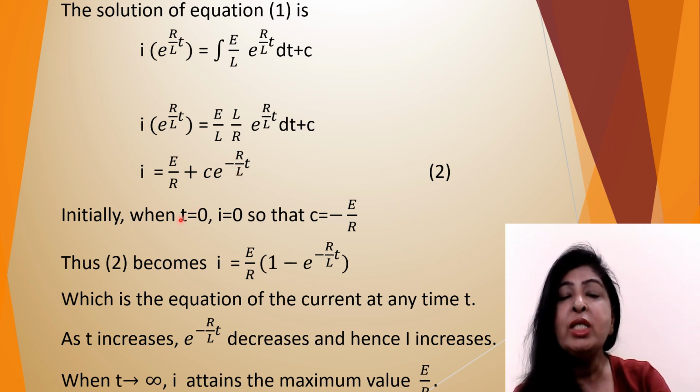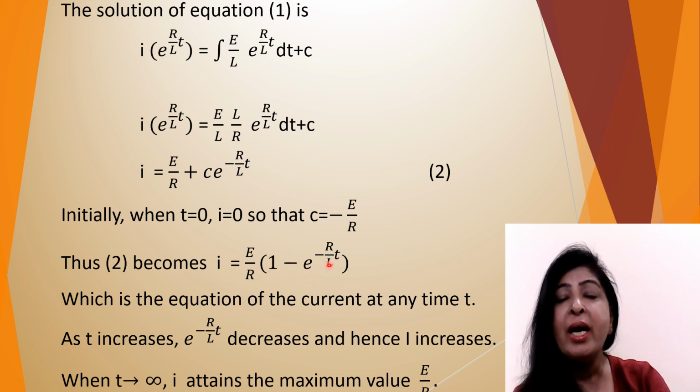Now at time t equal to 0, current I is 0. Substituting these values, C becomes minus E by R. Substituting the value of C, the current I becomes E by R into 1 minus e raised to power minus R by L t. This is the expression for the current I at any time t.